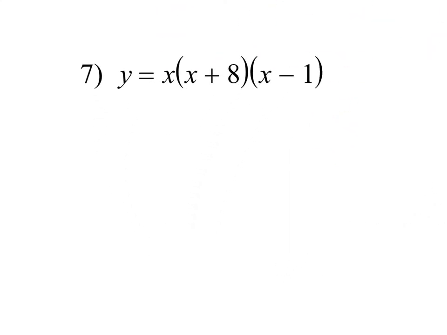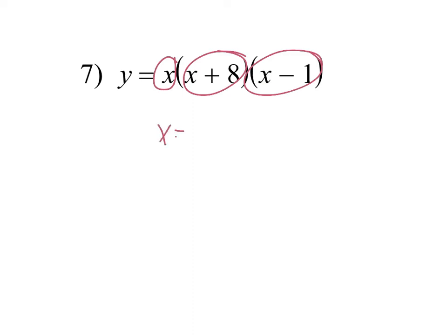Number 7. Curvins, what do we do first? Separate it. So we have 3 separate parts. What do we do with each part? Turn it into an equation.